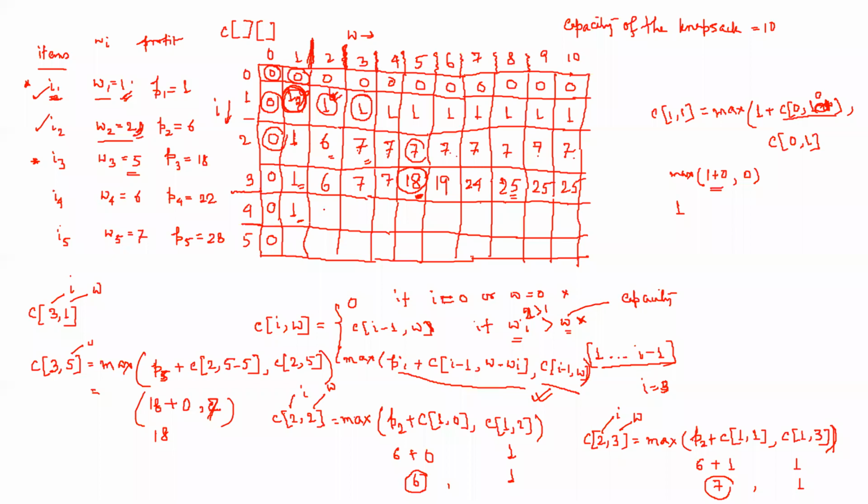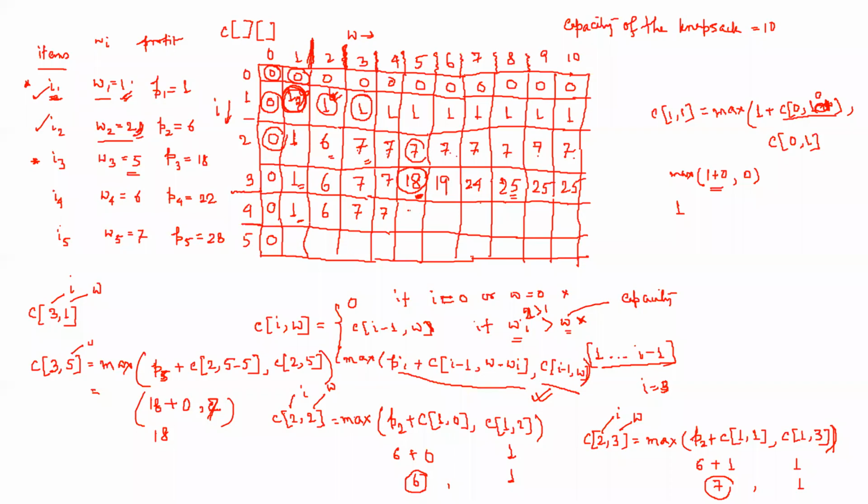If the capacity is 2, the maximum profit is achieved by choosing item 2, so it's 6. If the capacity is 3, I can choose both item 1 and 2, so this value will be 7. If the capacity is 4, I can choose items 1 and 2, but I can't choose item 3 or item 4, so it will remain the same.